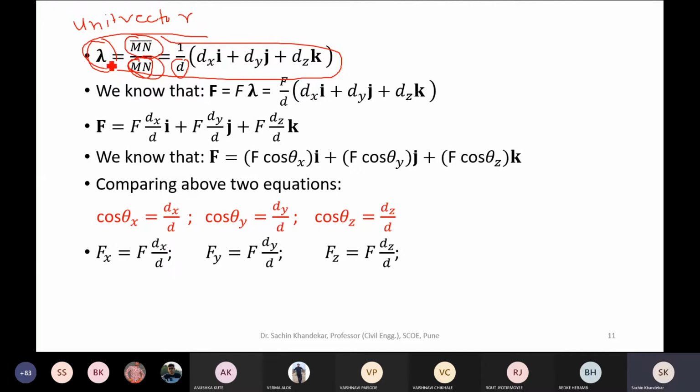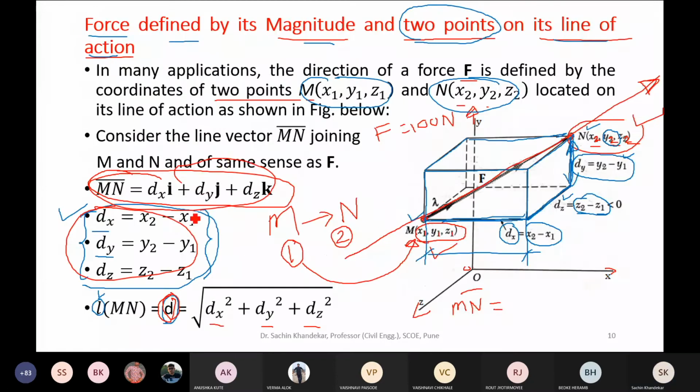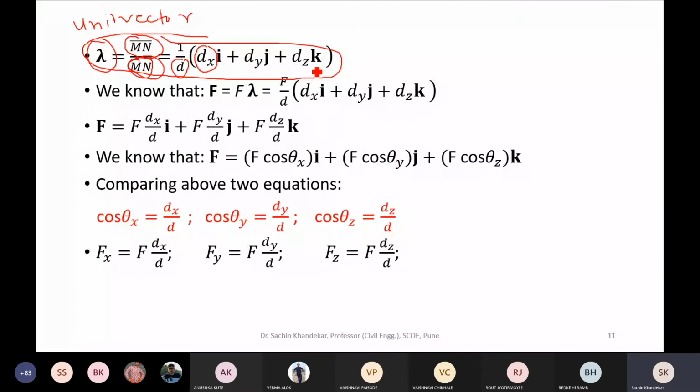We are expressing the unit vector in terms of coordinates. What is dx? dx is x2 minus x1. What is dy? y2 minus y1, and so on. So we have expressed this unit vector in terms of the coordinates.